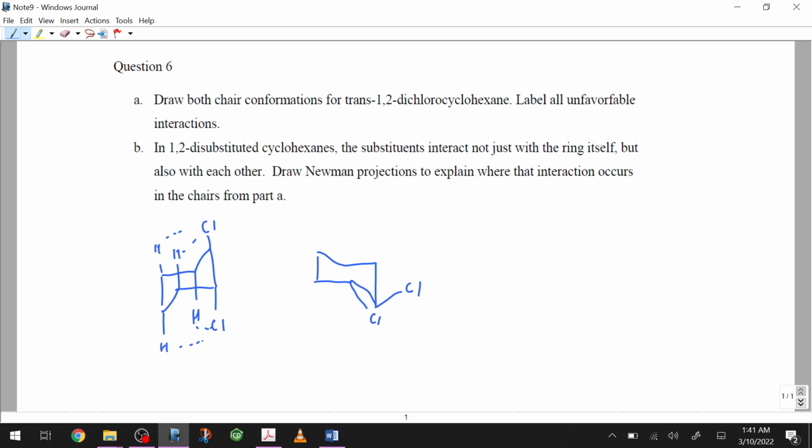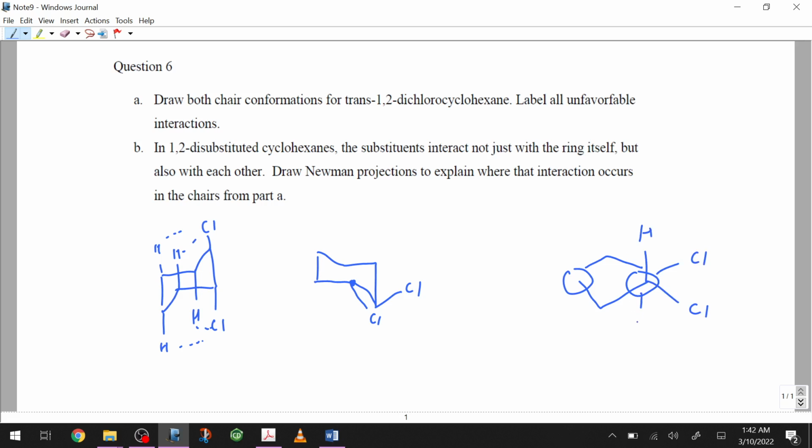So if I'm looking in a way where I can see those in a Newman projection, I'm going to take this as my front atom for one of them. If I do that, what I get is this, where I have the ring drawn like this. The front atom has an axial chlorine here, an equatorial chlorine here.